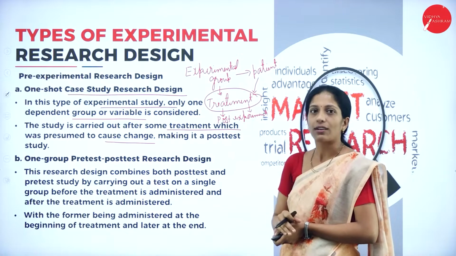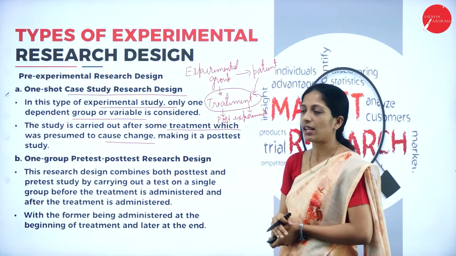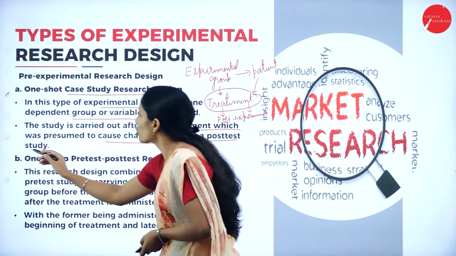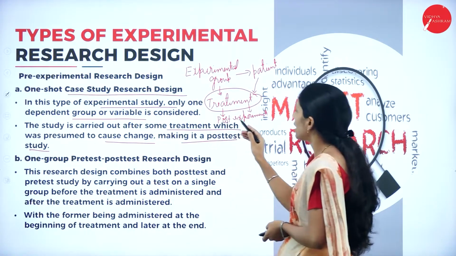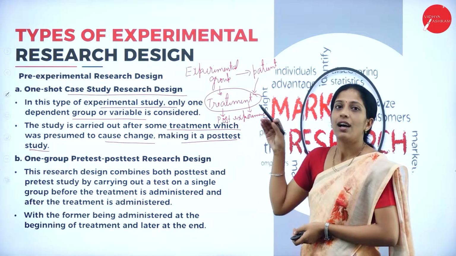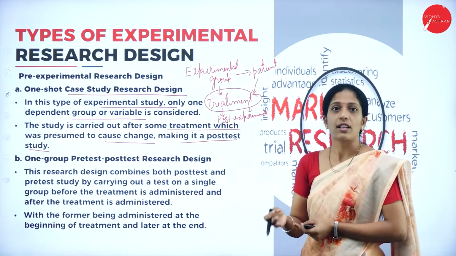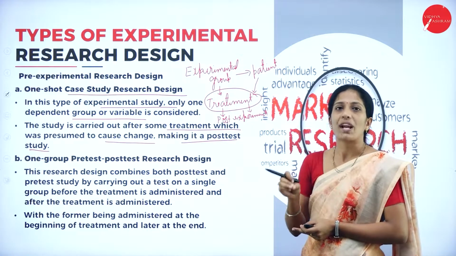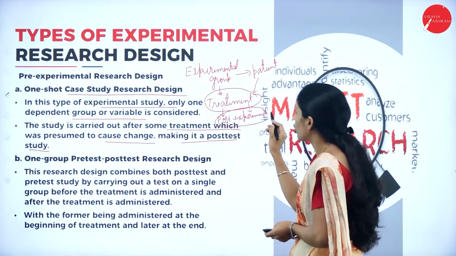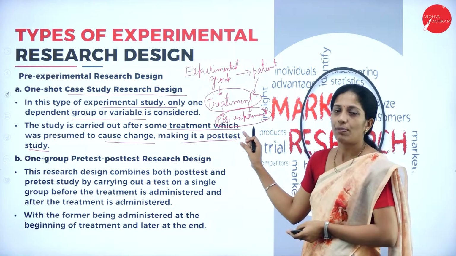That is, the doctor has suggested taking the painkiller. So that is a treatment, making it a post-test study. After that, we are going to give him a post-test: after taking the painkiller, whether the pain of the patient has reduced or not. That is, a post-experiment or post-test will be done.